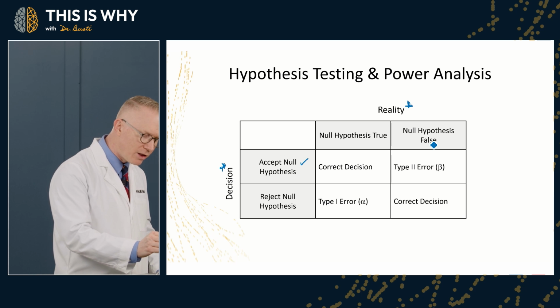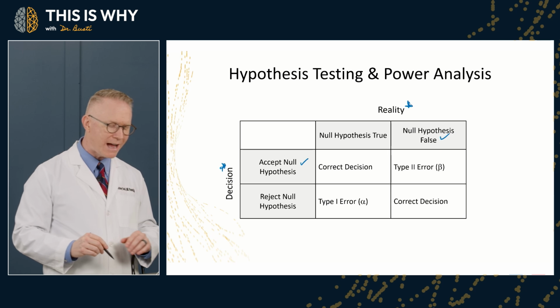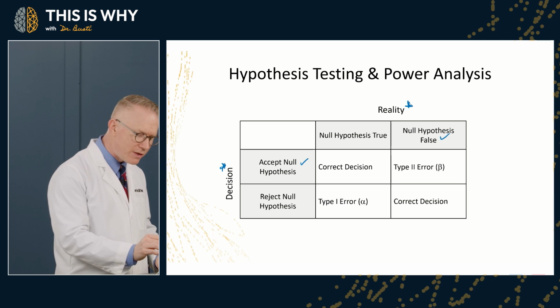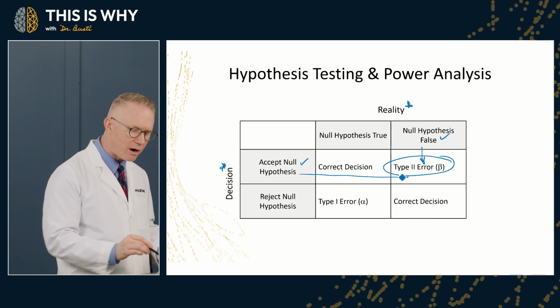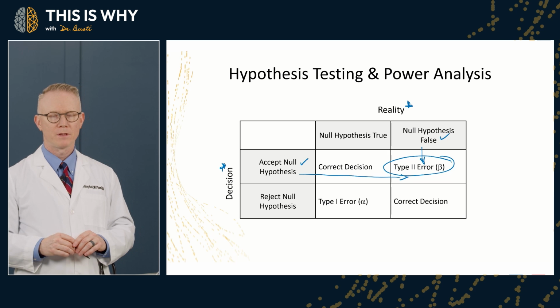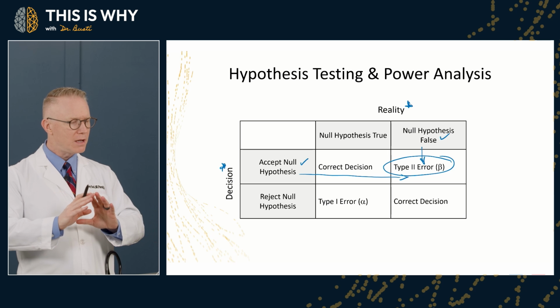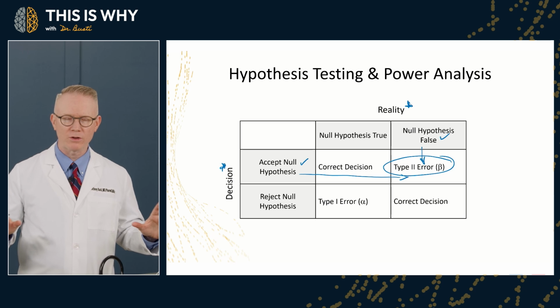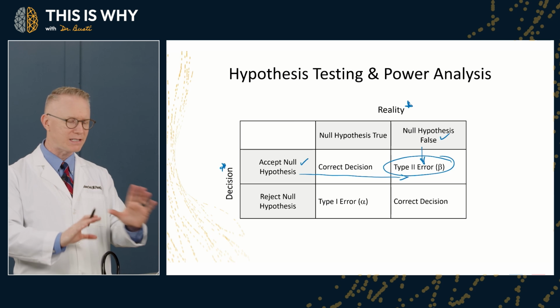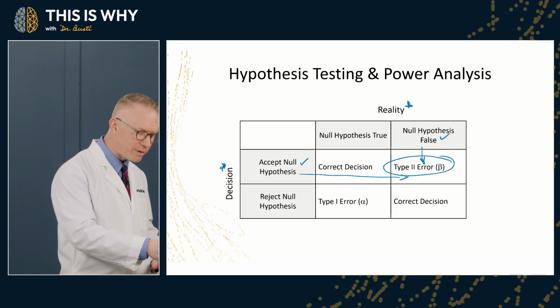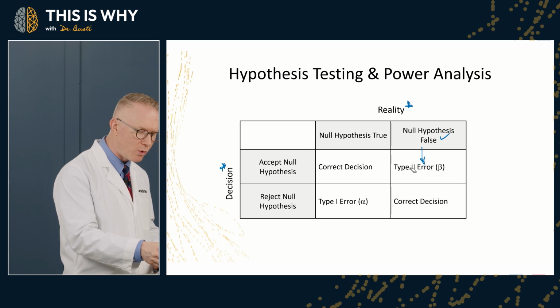But if the reality is that the null is actually false, then that is when you have made a type 2 error. Again, I'm just saying the same things, looking at it from a number of different angles. Some people find information clicks better when they see things like this, but that's ultimately what we're trying to avoid here.